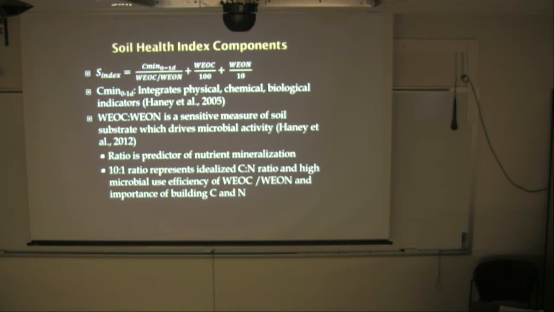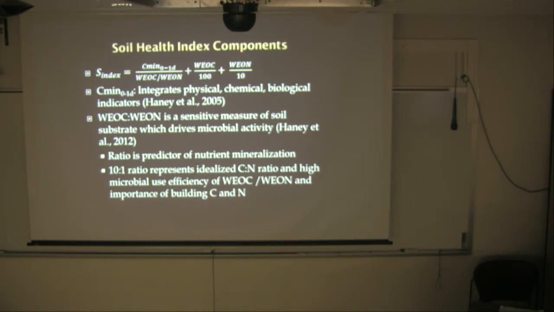Additionally, in general, the soil carbon to nitrogen ratio is often an important indicator of nutrient mineralization. The general rule of thumb is that greater than 20-to-1, net immobilization occurs, and less than 20-to-1, net mineralization will occur. So this index captures the water extractable carbon to nitrogen ratio and its influence on nutrient mineralization.